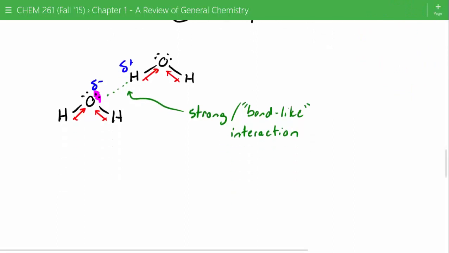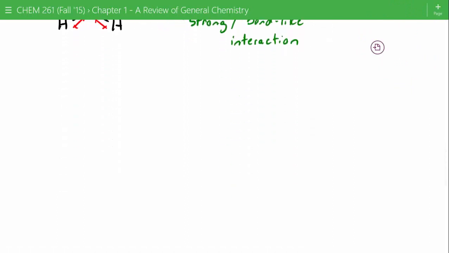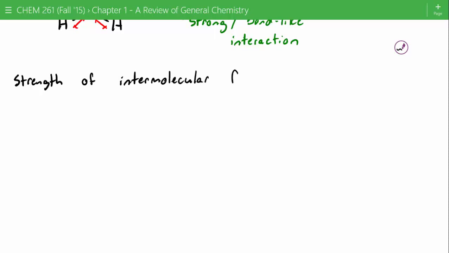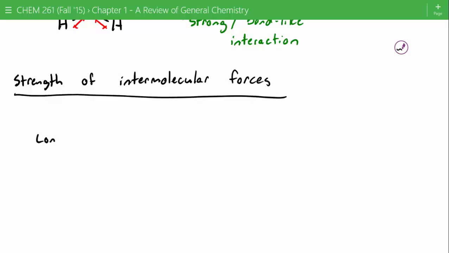So let's make a chart. On one side, we've got London dispersion. In the middle, we've got dipole-dipole.